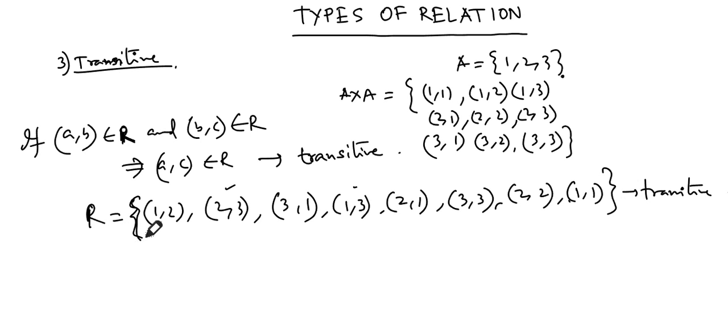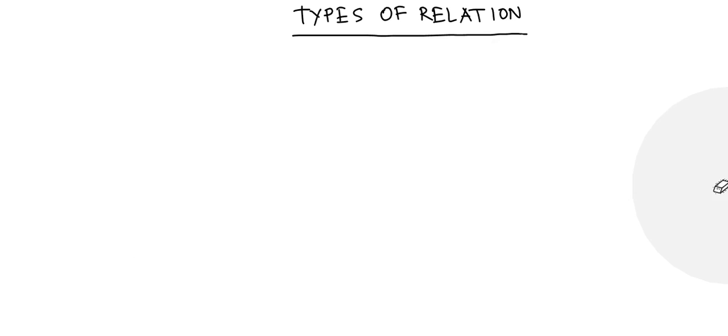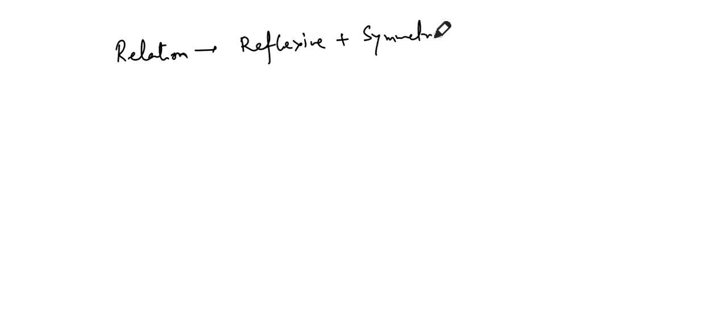Okay, so these are three types of relation. Now if we consider another relation which comprises these three relations together, that means a relation which is reflexive as well as symmetric and also transitive.